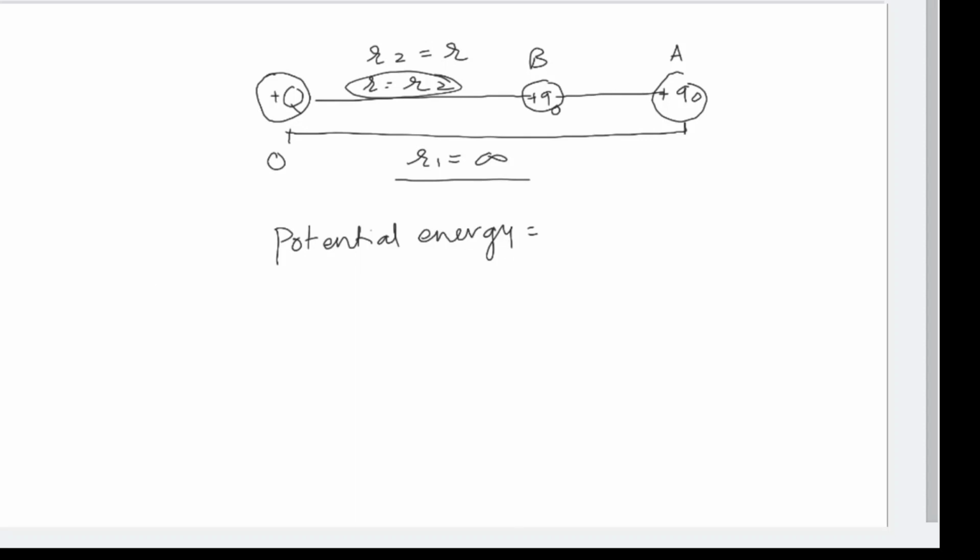Is equal to, I will write now, that is U. For this distance r, we will consider the total potential energy for the system we are considering now, and that is equal to, as we know the formula, 1 upon 4 pi epsilon 0. Which charges are we taking here now?